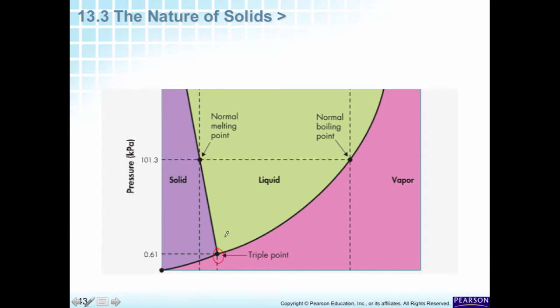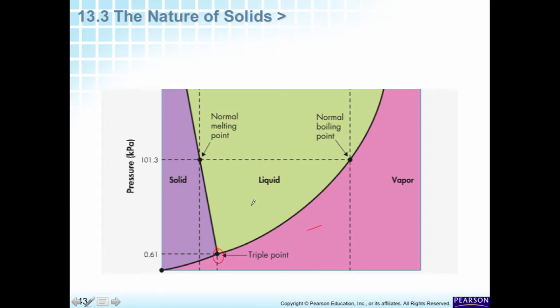If you go below atmospheric pressure, it will be a higher temperature for something to melt. In this case, if you go below atmospheric pressure, the temperature will be less at which something will boil. That's what it's showing you.